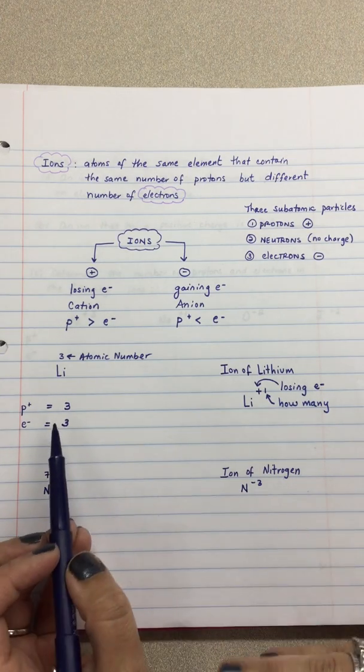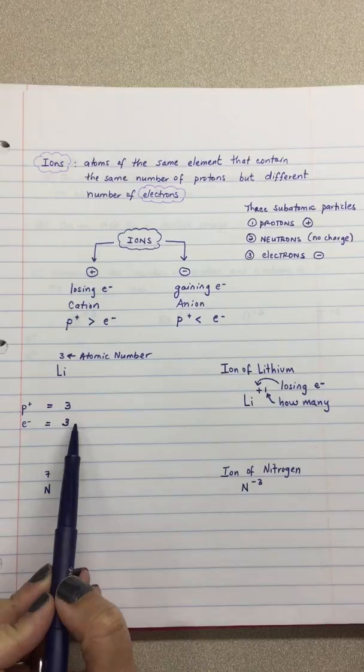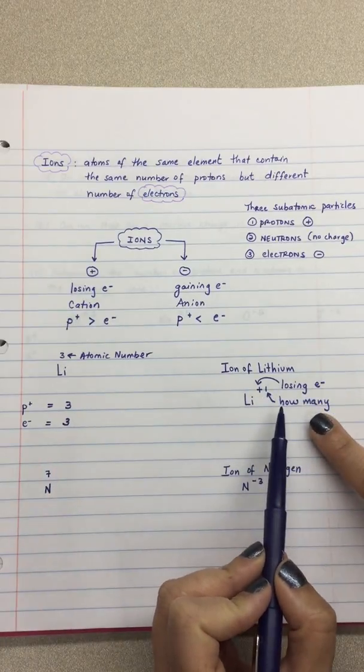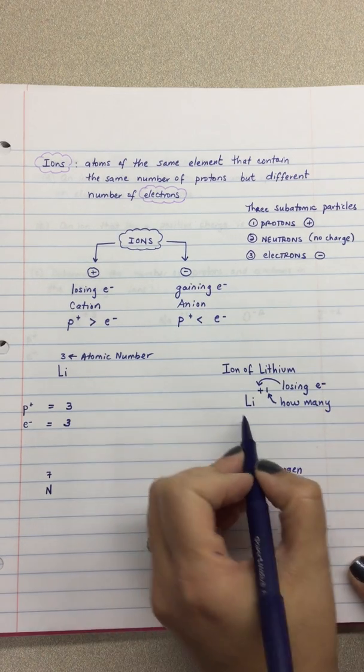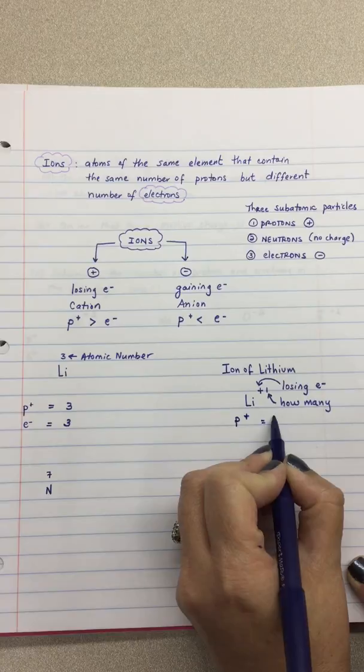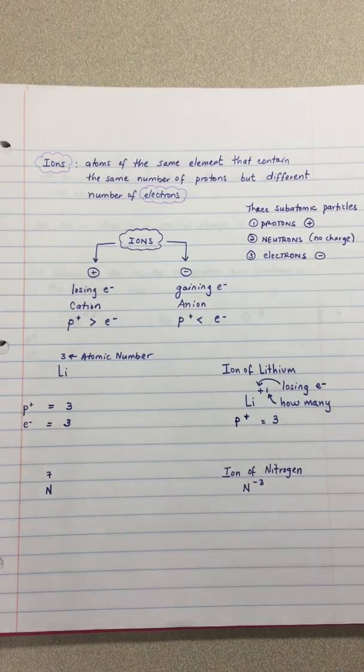So lithium, when it's neutral, has the same number of protons and electrons. When it's lithium plus 1, it's losing 1 electron, which means that lithium plus 1 still contains the same number of protons, because for you to have ions, the number of protons is not changing.